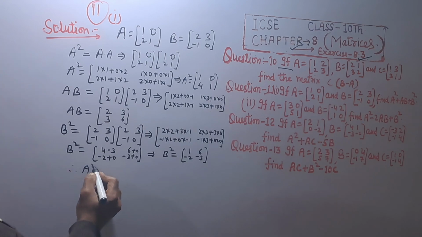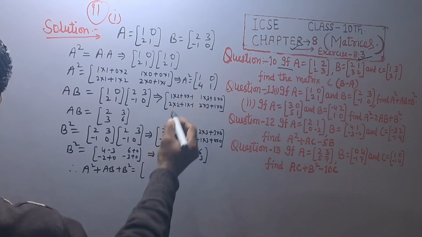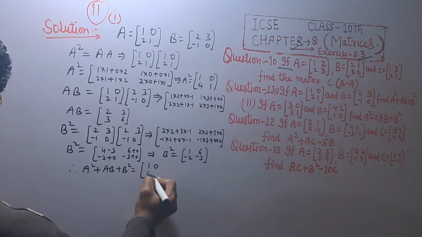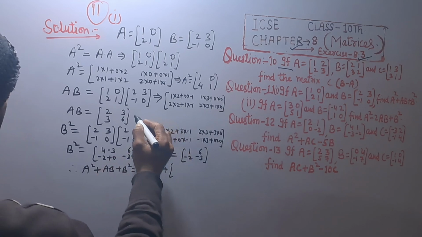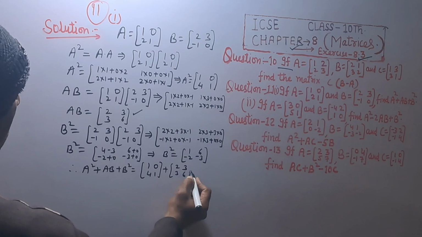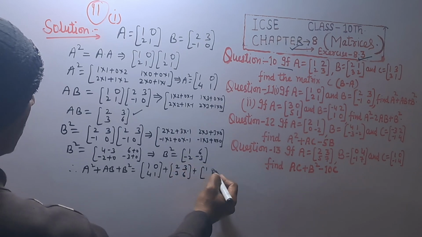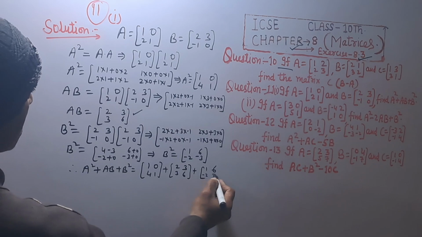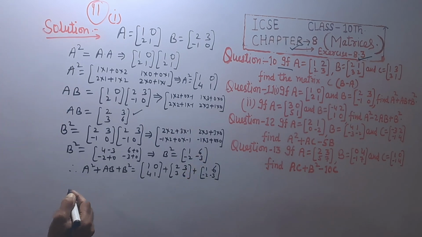So A square plus AB plus B square equal to A square is [1, 0; 4, 1] plus AB is [2, 3; 3, 6] and B square is [1, 6; -2, -3].